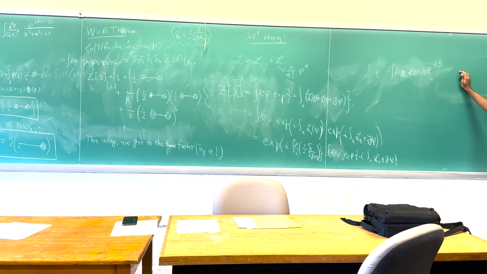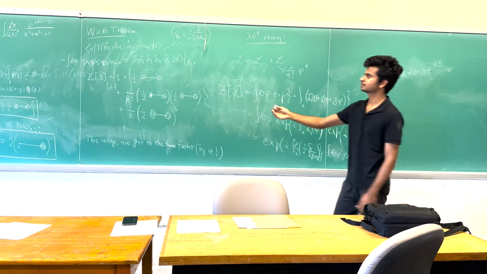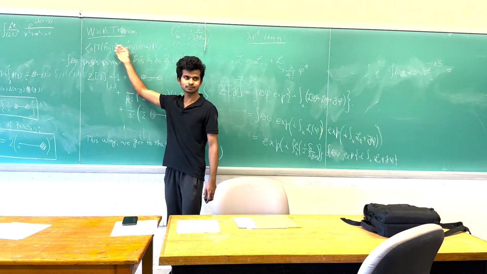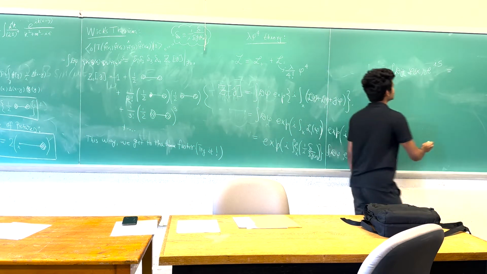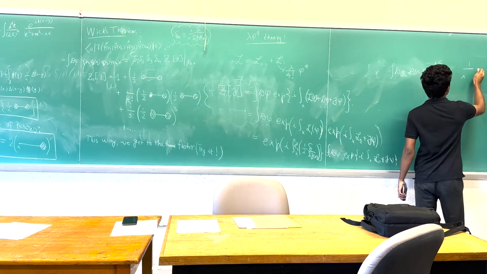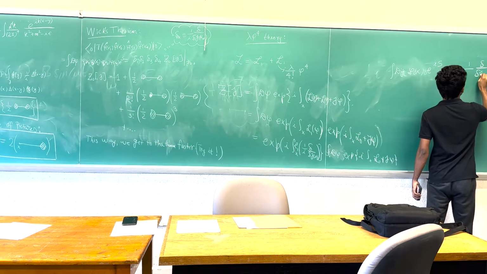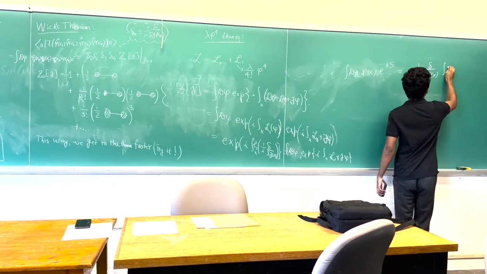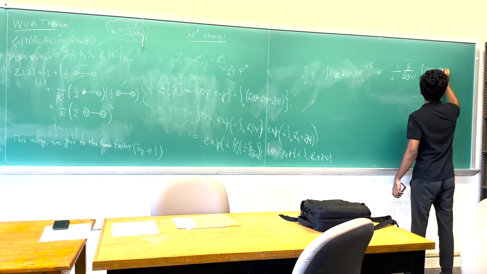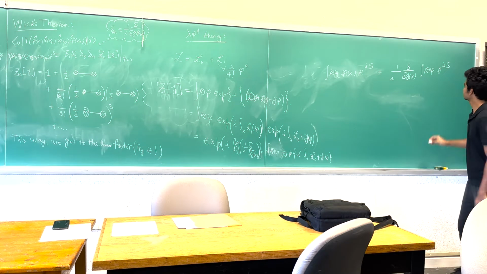We did that for phi to the 4 terms. Just take one functional derivative. It's just 1 over i, delta over delta J(x), integrate d phi.